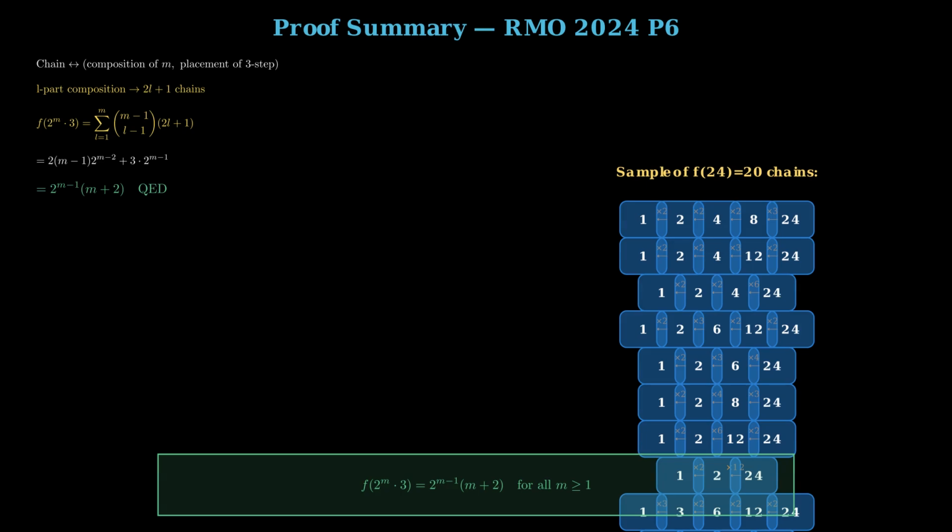Summing over all compositions, f of 2^m times 3 equals the sum of C(m-1, L-1) times (2L plus 1). Substituting j equals L minus 1 and splitting the sum gives (m-1) times 2^(m-2) plus 3 times 2^(m-1), which equals 2^(m-1) times (m plus 2). QED.